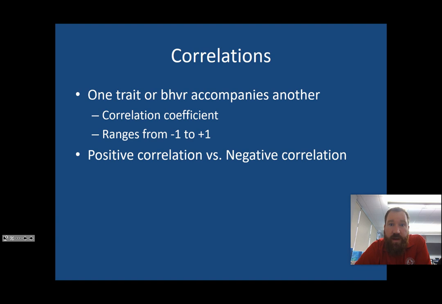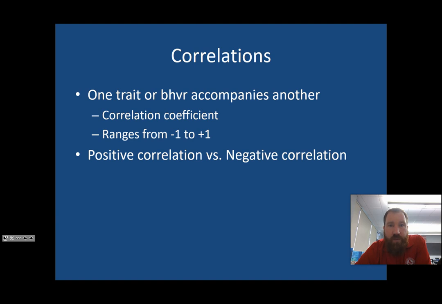Notice that it can all be about how the phrase is worded. If I talk about ice cream consumption and weight gain, then that is a positive correlation, right? As you eat more ice cream, you gain more weight. But if it was phrased as ice cream consumption and weight loss, well, that's a negative correlation, right? Because as one goes up, the other goes down.